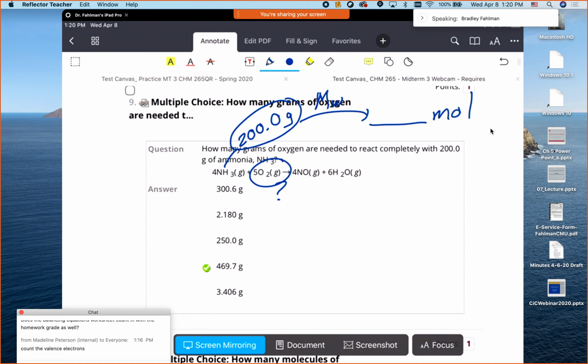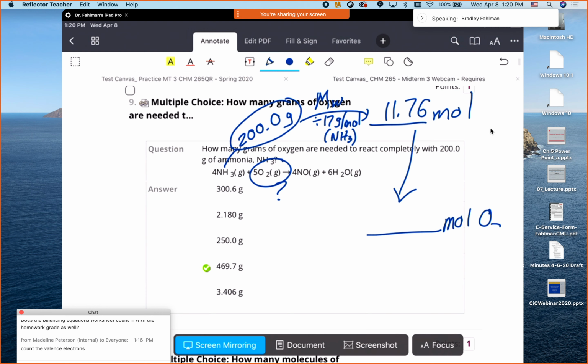And so that's 200 divided by, what is it, 14, so 17 grams per mole. So that's for NH3. Okay, so 200 divided by 17 gives you 11.76 moles.